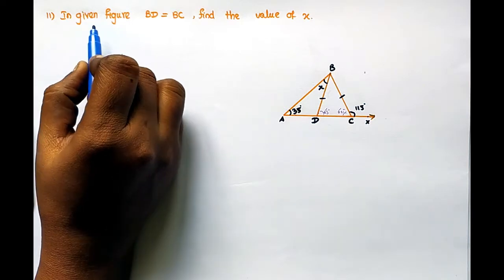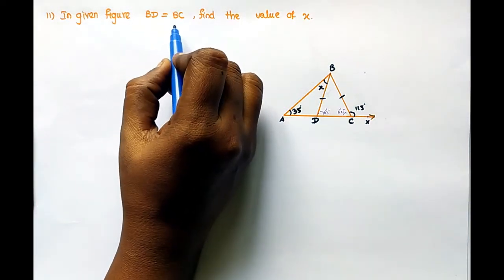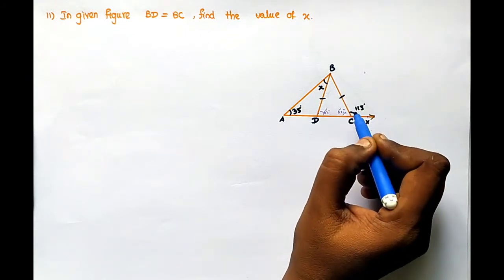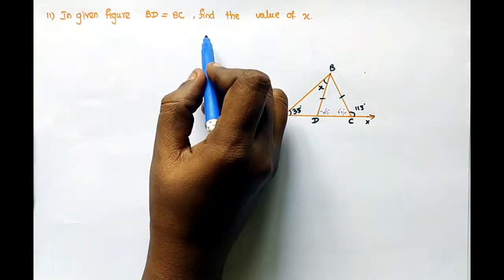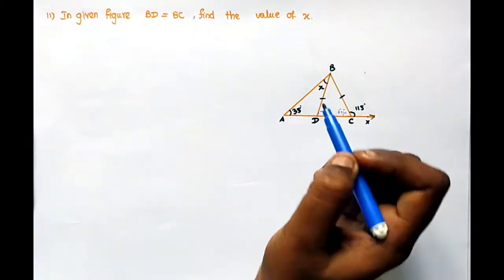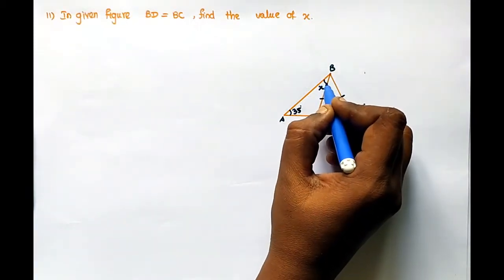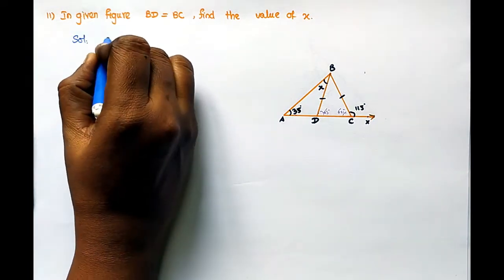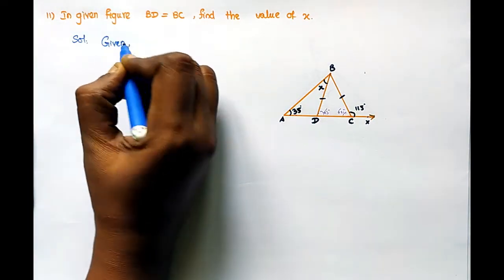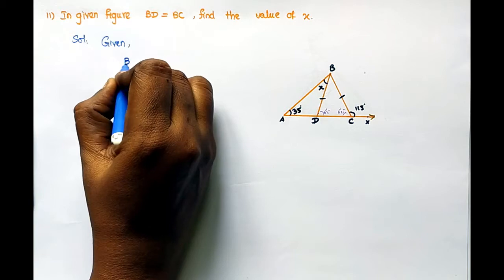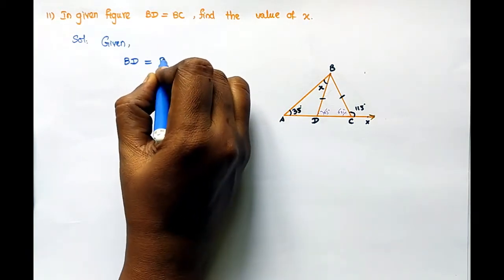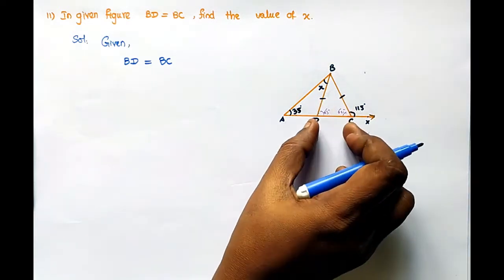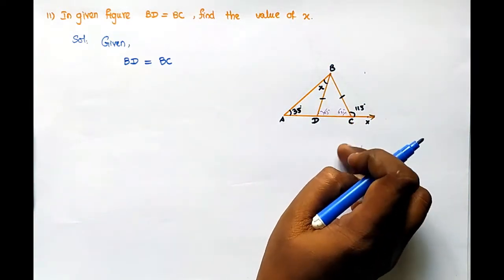11th sum. In the given figure, BD equal to BC. Find the value of x. So we want to find this value. Listen. Write down what is given. Given BD equal to BC. Two sides are equal means this triangle is isosceles.